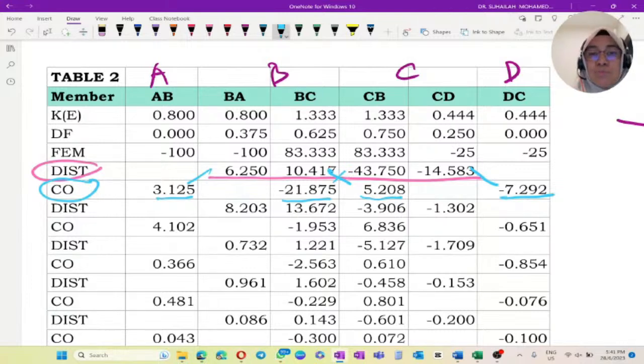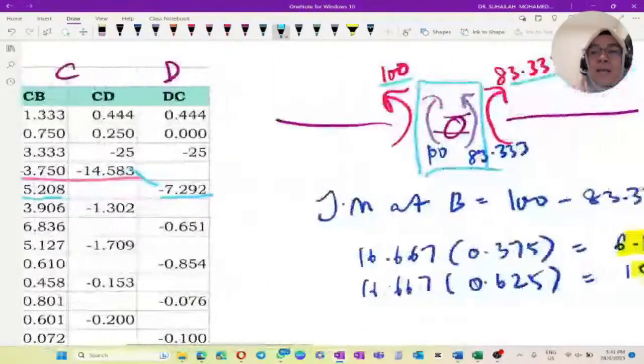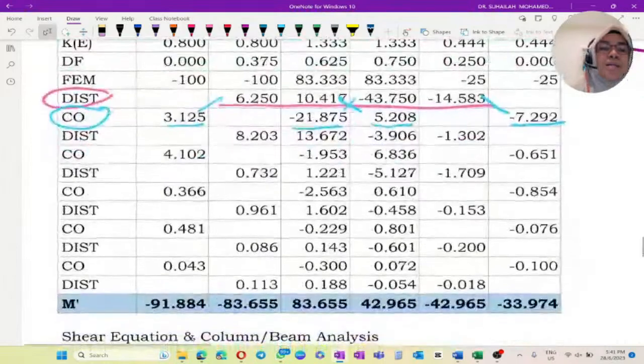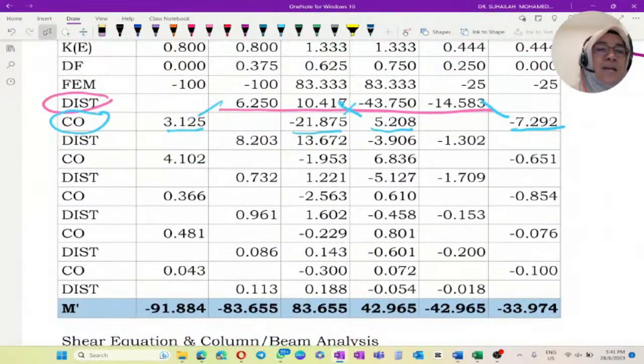Okay, that is the process. We distribute moment and we carry over the moment. Then we have to repeat again the distribution. So the process is as I explained here, under distribution level. We repeat the process until 5 or 6 cycles normally, and we have to stop at distribution.